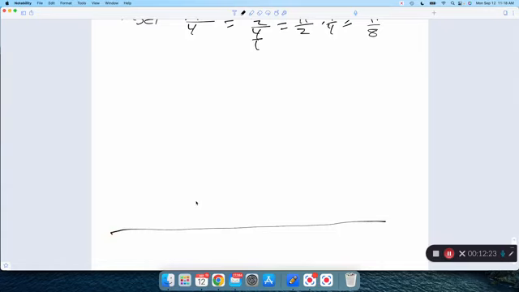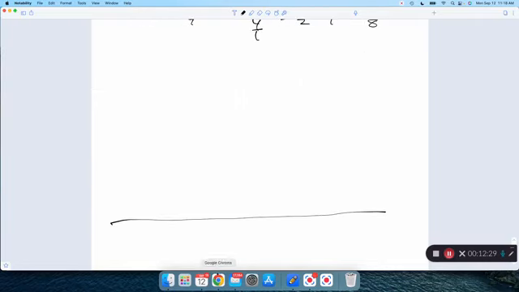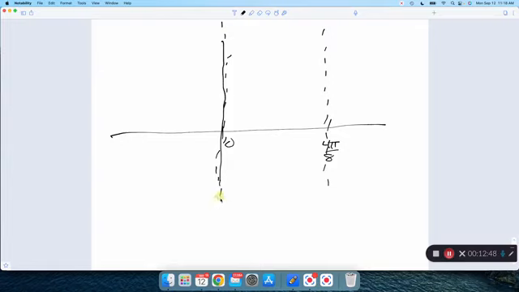We put on our start and end. 0, hey, that's something special, and 4 pi over 8. So here's 0. That's the y-axis. And then way over here is 4 pi over 8. That's going to be an asymptote, and this is going to be an asymptote. Start and end, asymptotes. Just happened to be 0, which is the y-axis.